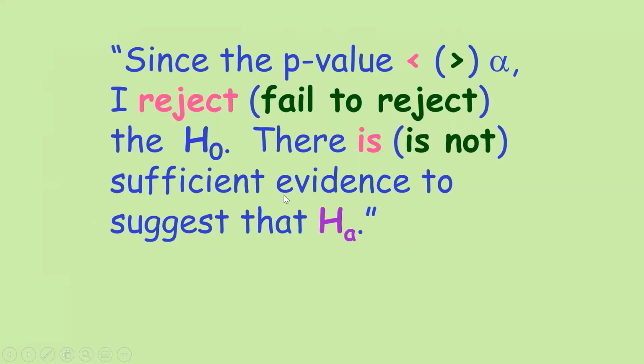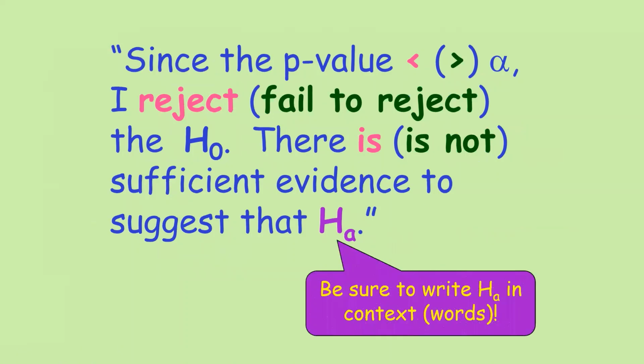There is sufficient evidence to suggest HA. Or since the p-value is greater than alpha, I fail to reject H0. There is not sufficient evidence to suggest HA. And HA will always be put in terms of the context of the problem, which typically is the very last sentence, the question that it's asking. So just like with confidence intervals, use the wording of the problem.